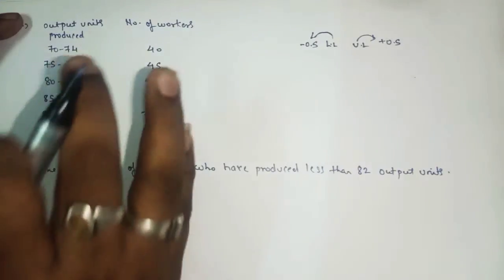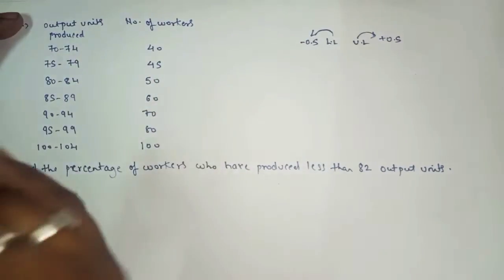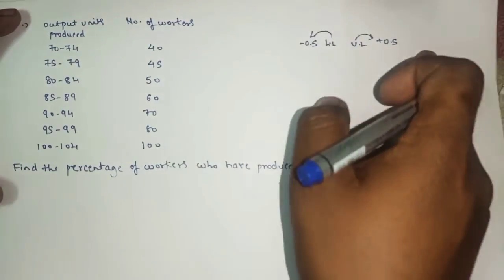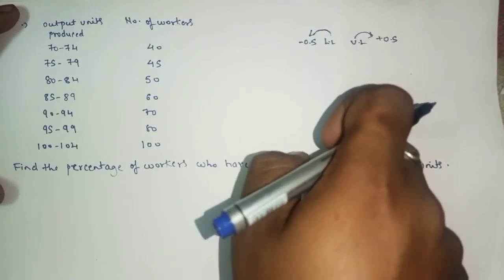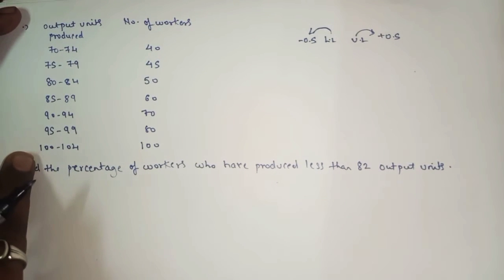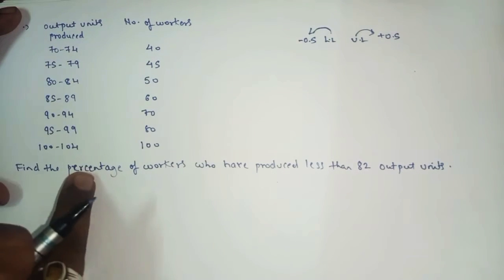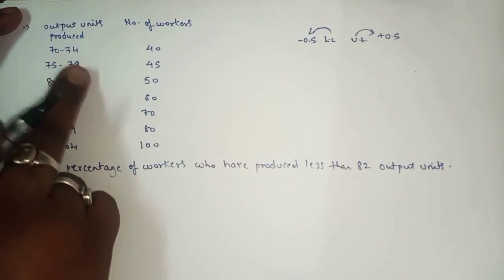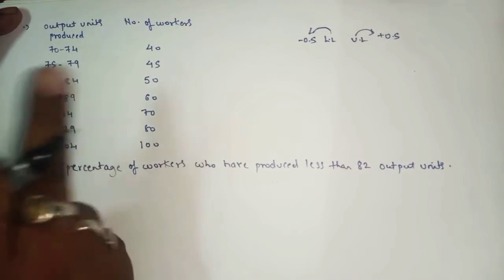There is a method by which you get this 0.5. So that's why you have to subtract 0.5 from each and every lower limit and add 0.5 to the upper limit. Subtract and add. So in this way you can make the class continuous.